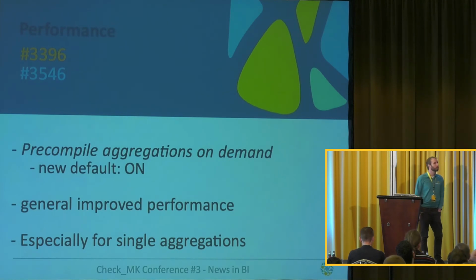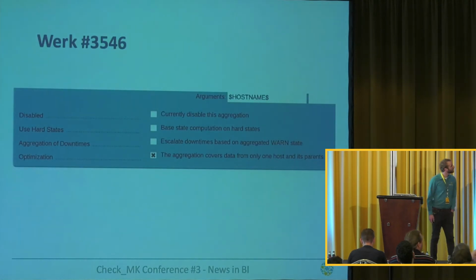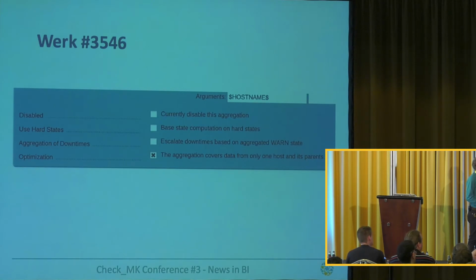If you now only want the information from one host, that's the only one being calculated. All of these things can be seen here as well. I cut a little bit so it's bigger for you. What we have here is optimization for the single host aggregations, and then the aggregation of downtimes. You can also switch them to one, and then also the options you are already familiar with.